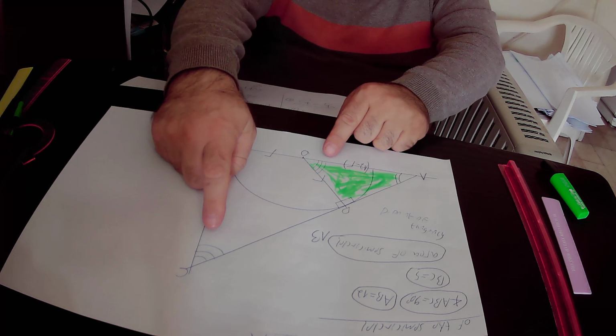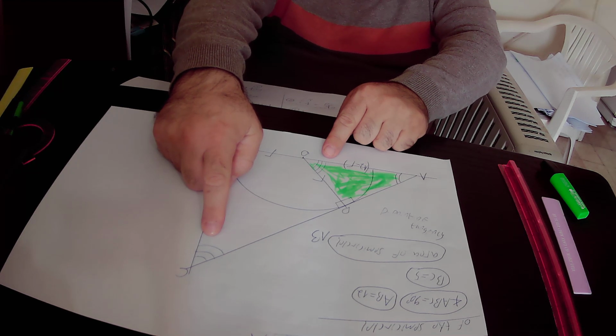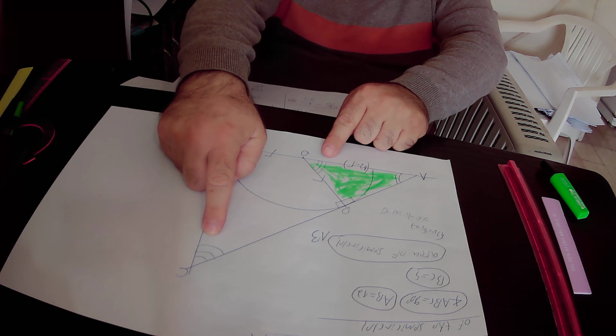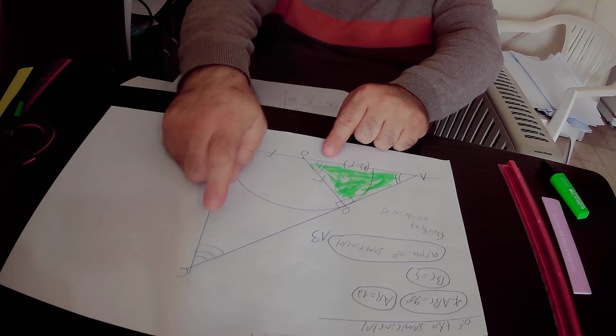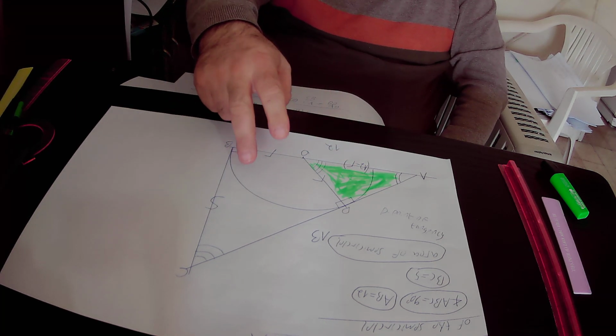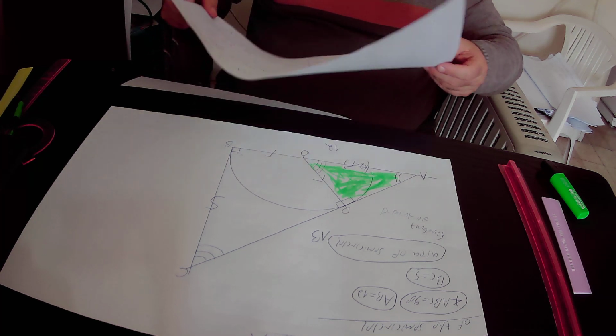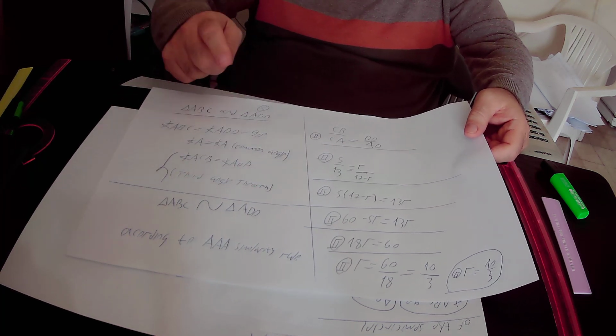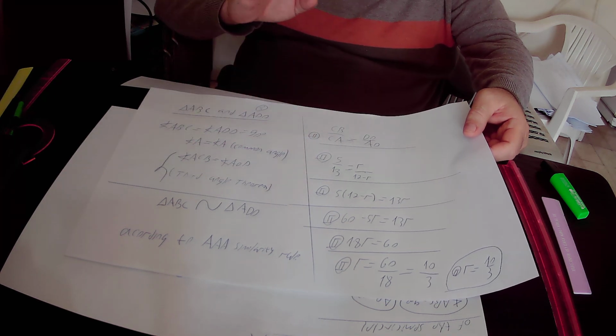Therefore, the third pair of angles must also be congruent. Those two angles must be equal to each other according to the third angle theorem, because the angles of a triangle add up to 180 degrees. So we actually found that all three angles in the green triangle are congruent to all three angles of triangle ABC. That is to say, triangle ABC is similar to triangle ADO, according to the angle similarity rule.